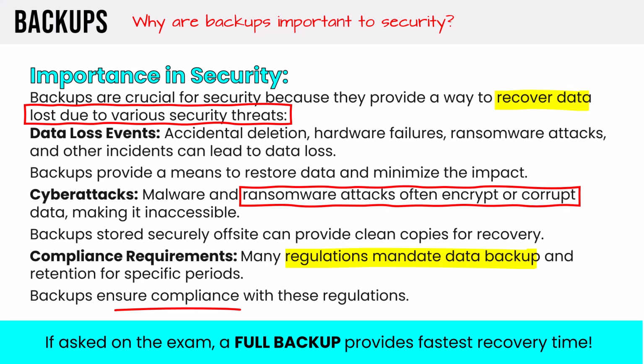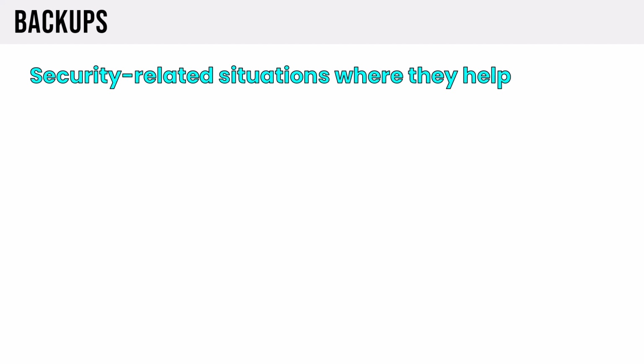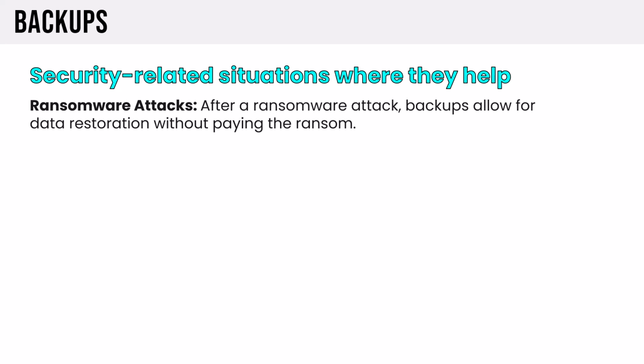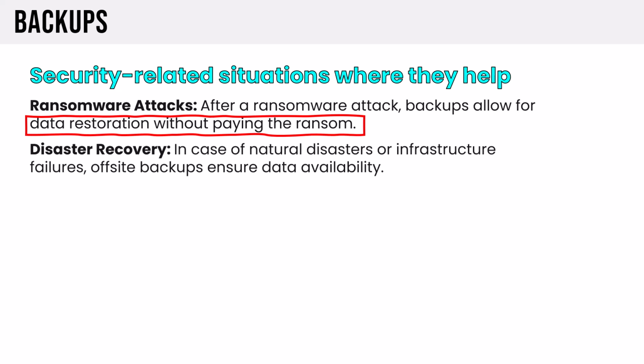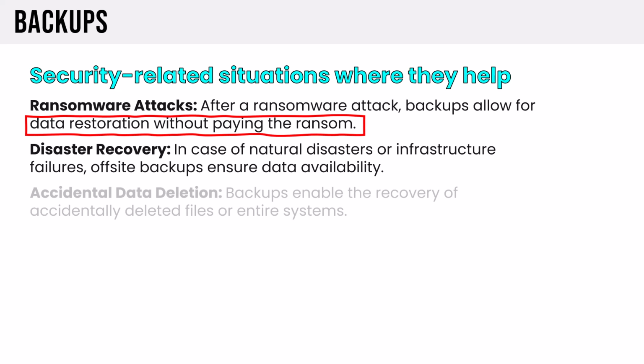I think we've covered the spirit of these already, but I'm just going to roll back some scenarios here so you've got them written down in one place as you prep for the exam. Ransomware attacks: after a ransomware attack, backups allow for data restoration without paying the ransom. Super important, very likely real-world scenario. Disaster recovery: in case of natural disasters or infrastructure failures, offsite backups ensure data availability.